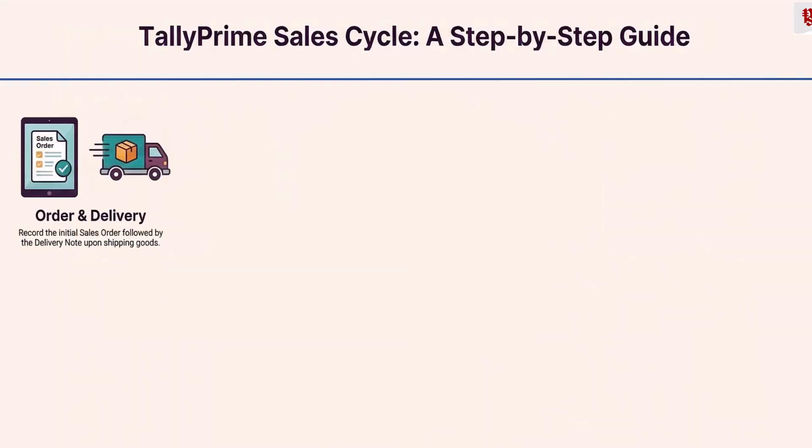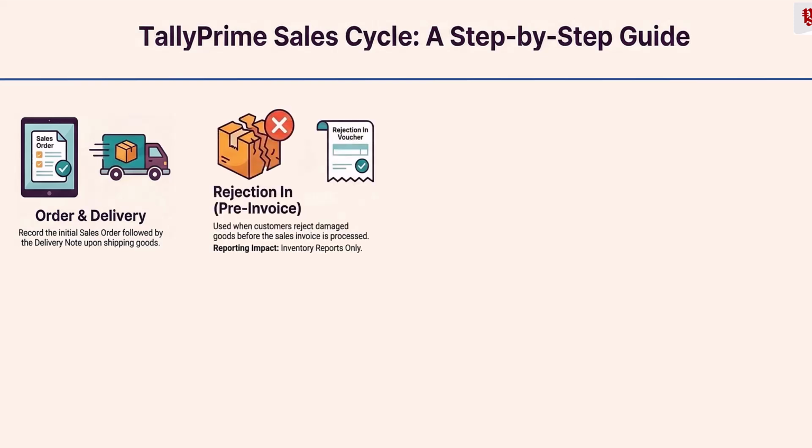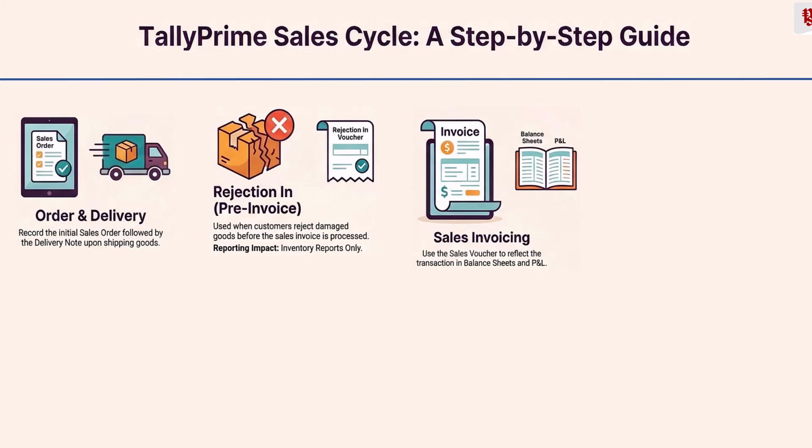The components of the sales cycle or order to cash cycle are: A. Once the PO is received from the customer, you record it as a sale order. B. Based on the schedule, the goods are delivered. C. Accounting of rejection prior to invoice accounting. D. Accounting of sales invoice.